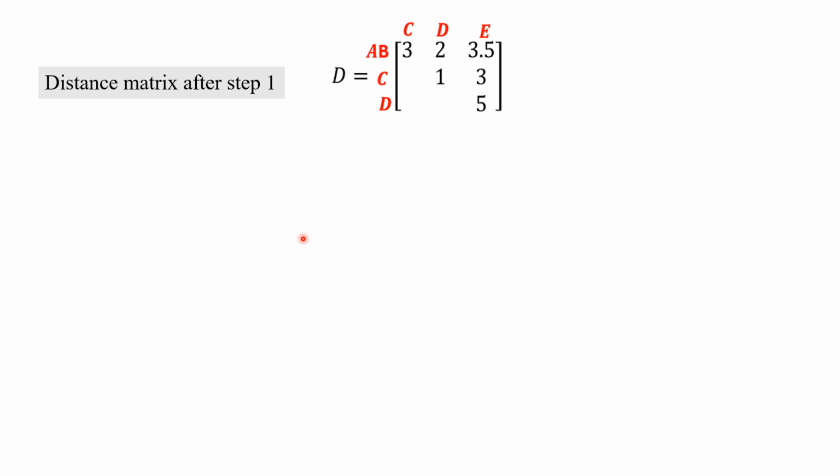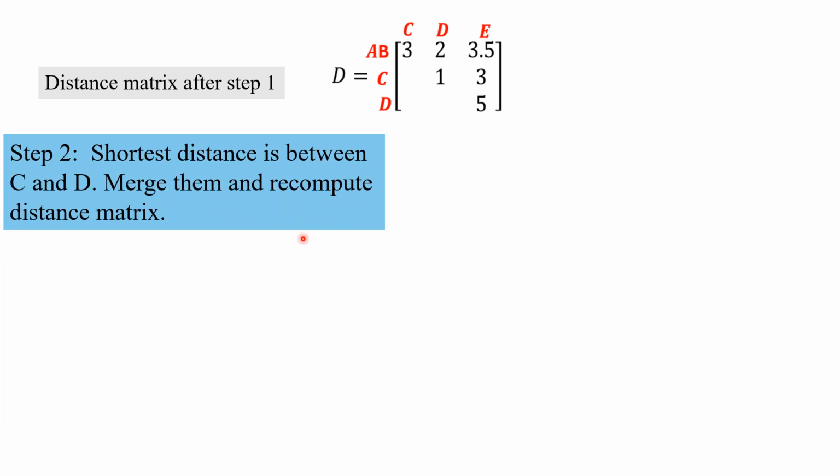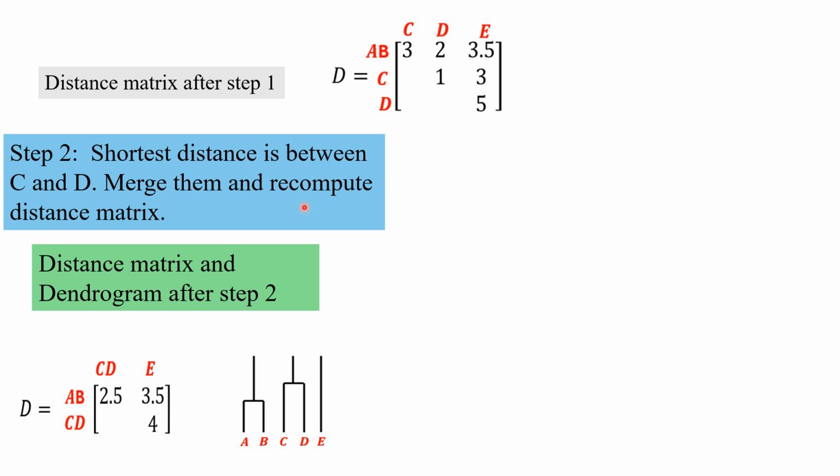This is the distance matrix after step 1. Now what is the shortest distance? We can see this 1, C to D. So we merge them and recompute the distance matrix and also make the dendrogram. The distance matrix computations proceed as before.